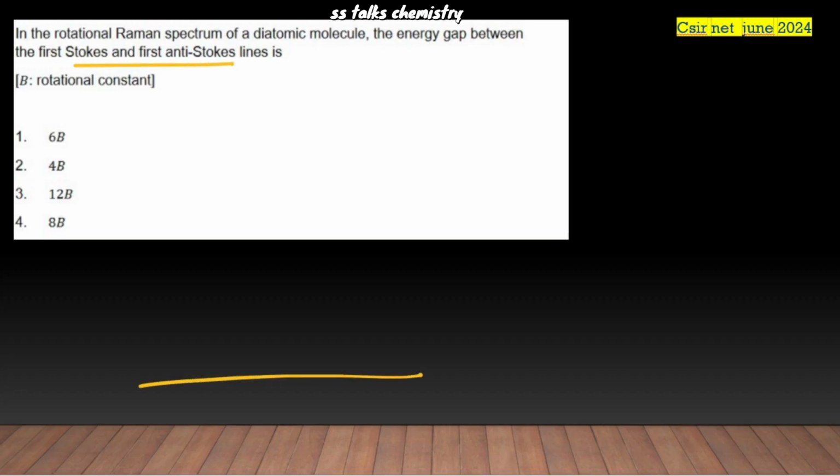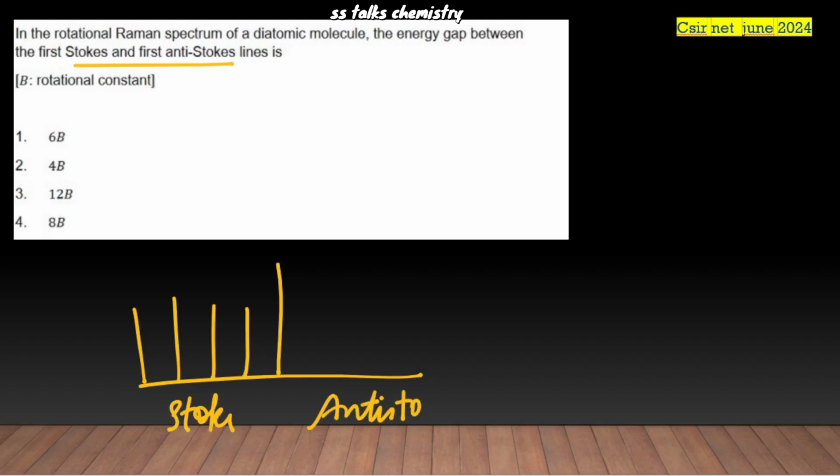So this is the type of spectrum you obtain, with the central Rayleigh line, and on this side you have the Stokes lines, and on this side the anti-Stokes lines. The gap from the central line is 6B, and on this side also 6B. Then you have the gap of 4B between the lines on both sides.